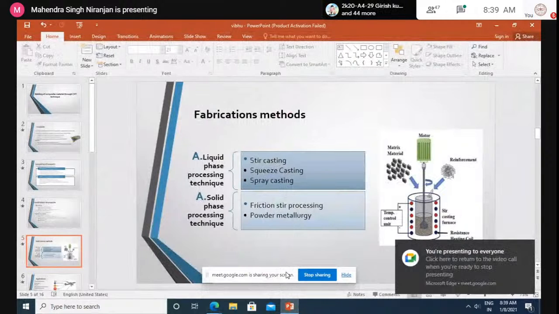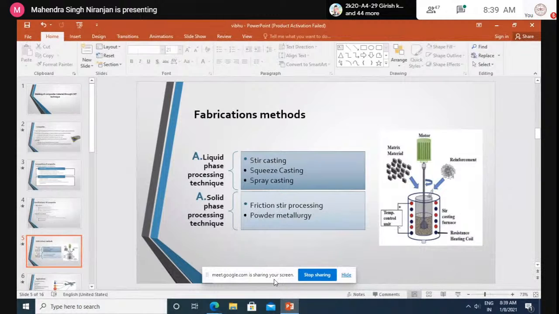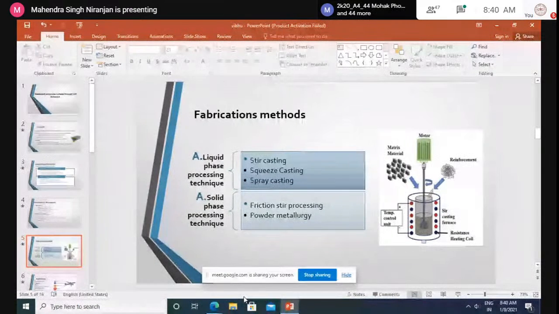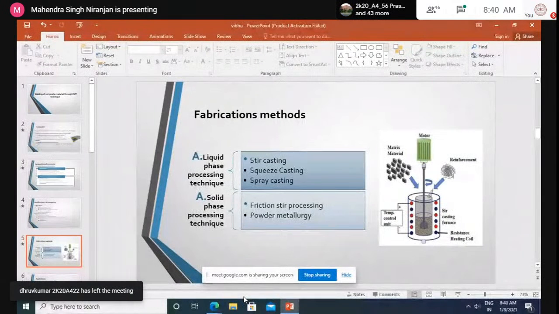So these are the different methods generally used for the fabrication of this composite material: stir casting, which we have in our lab, squeeze casting, spray casting, friction stir processing, powder metallurgy. Different types of casting and processing are there to develop the composite material.